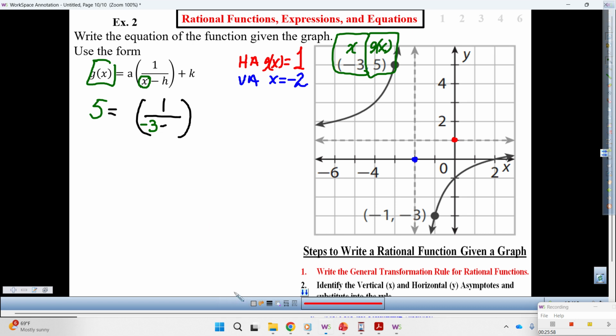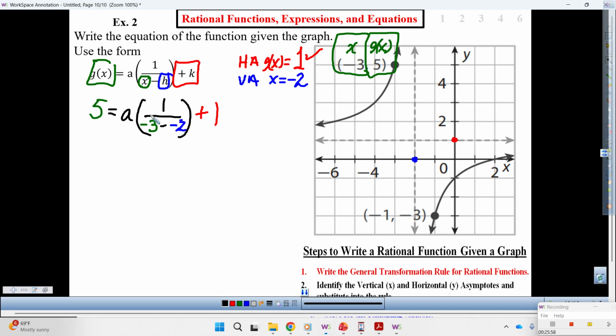What other values do we have? Our K was +1. And our H, or our VA, was -2. So what's the only thing we couldn't find? Label that A right there.